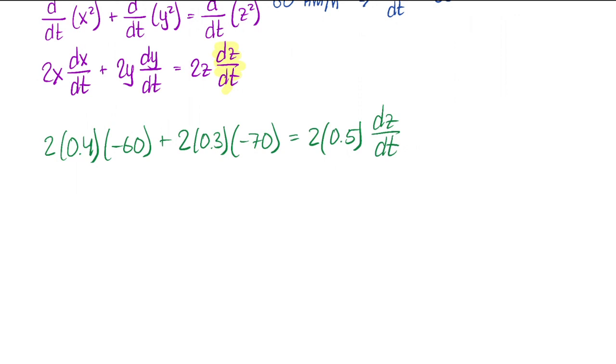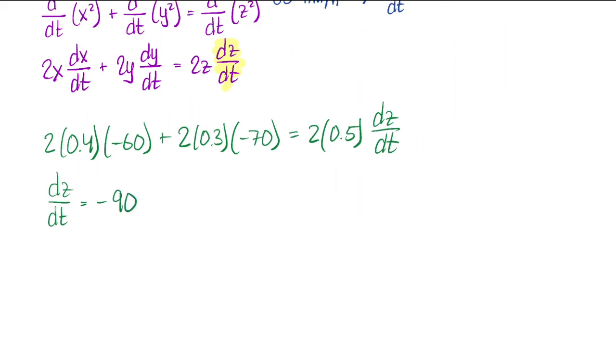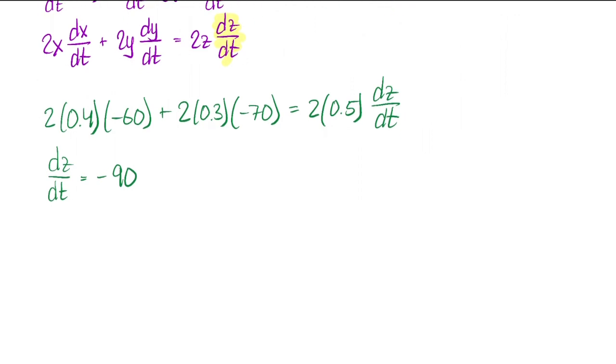If we evaluate the left-hand side and divide, we're going to end up dividing by 1, and we get dz/dt equals negative 90. So that means that the distance between the two vehicles is decreasing at a rate of 90 kilometers per hour.